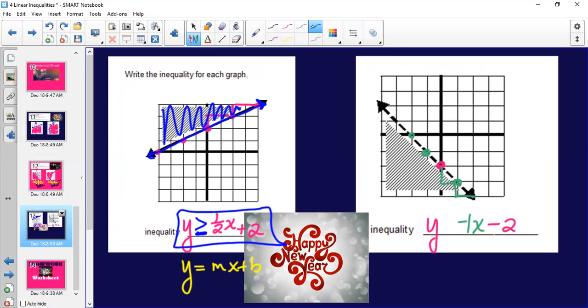All right, so this time it's a dotted line, so I know it's not equal to. And if I picked a point, I would have shaded below, and below, I think, less than. So y is less than -1x, or a better way of writing this is y is less than -x, and then -2.